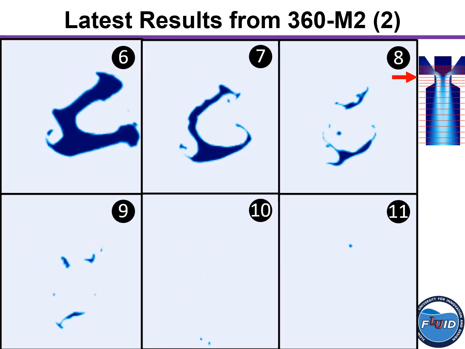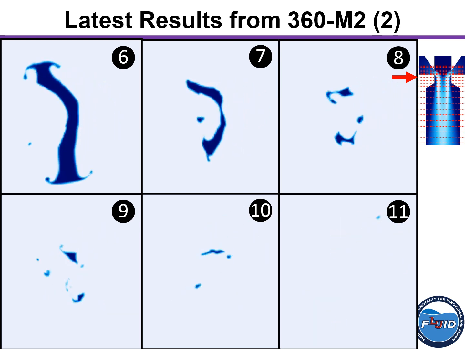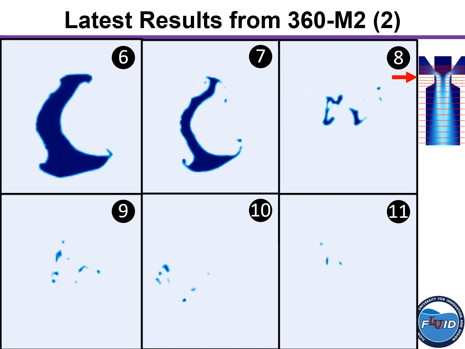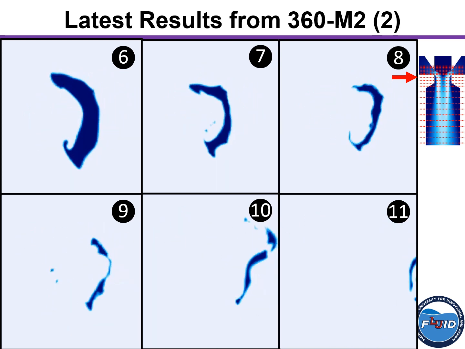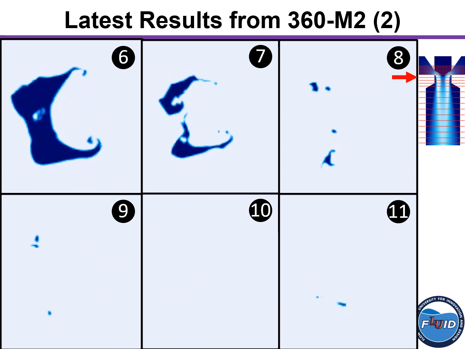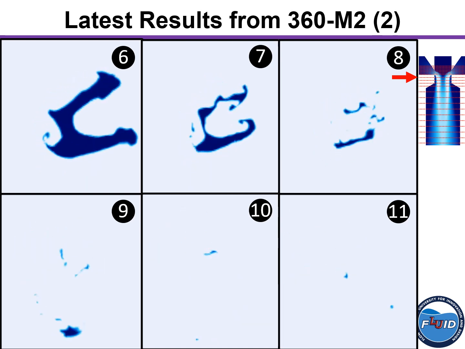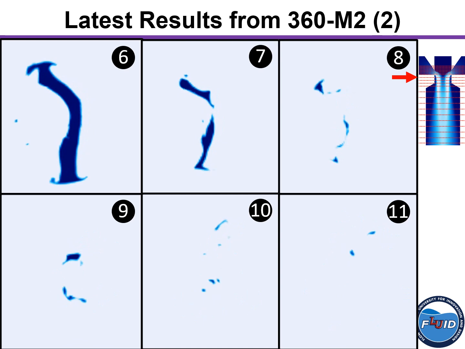As we continue looking at the latest results from our model, these are cross sections of slurry VOF, where again blue is the liquid phase, and we're looking at planes 6, 7, 8, 9, 10, and 11. In the upper right hand corner, I've drawn a reference for plane number 8. So 6 and 7 are the two before it, and 9, 10, and 11 are the three after it. Moving down that trajectory, you see something very interesting.